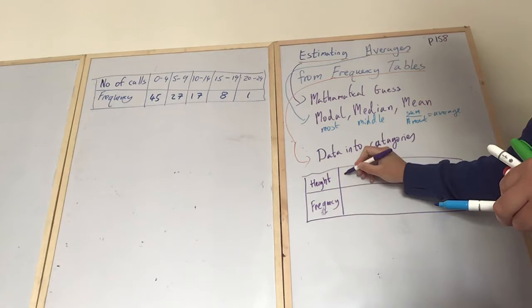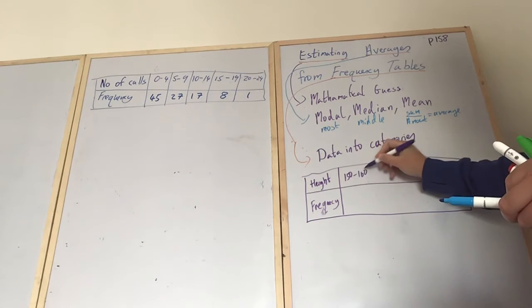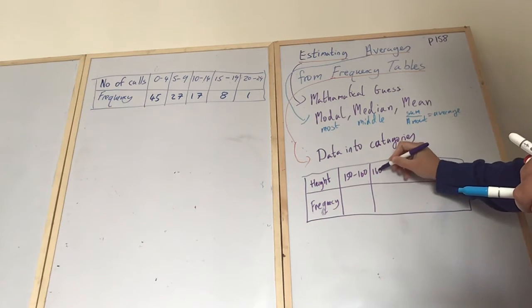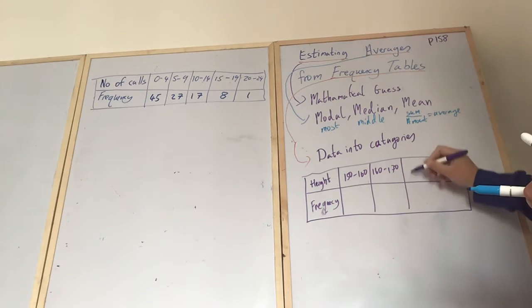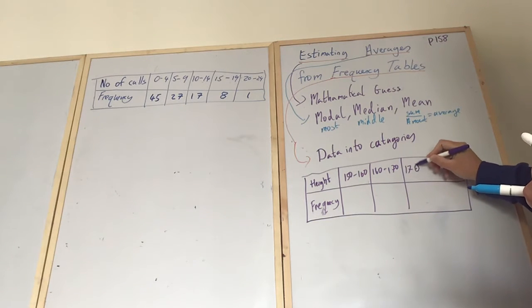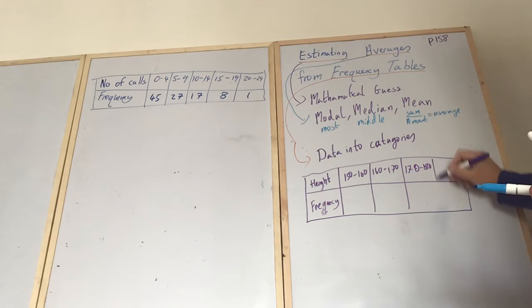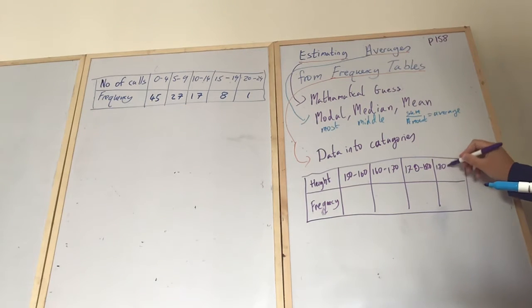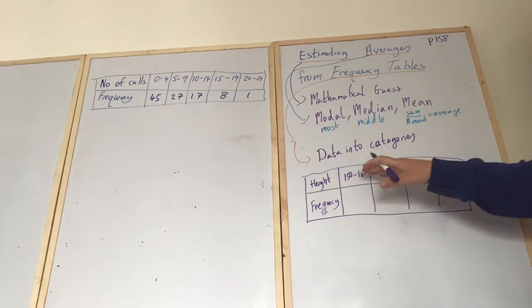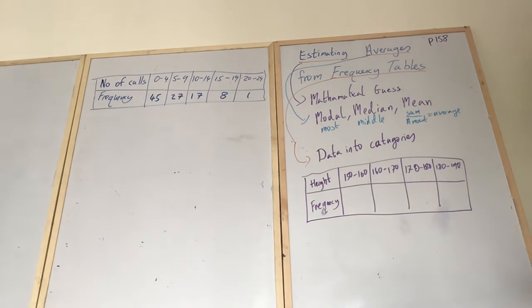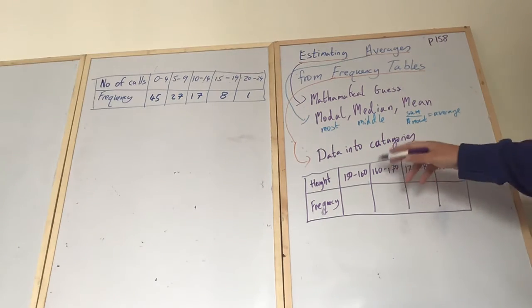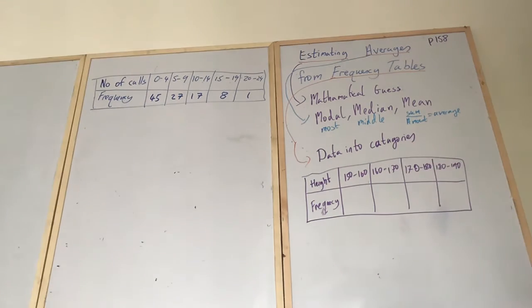First, let's say 150 to 160, 160 to 170, 170 to 180, and 180 to 190. Generally it would say everything greater than 150 or less than or equal to 160. So if it was 160, it will tell you with instructions where the data would fit exactly. And then we'd have our frequency down as well.